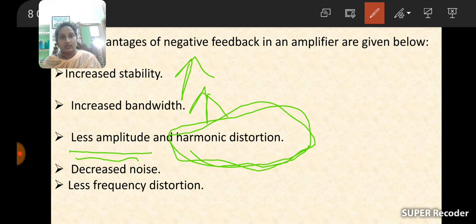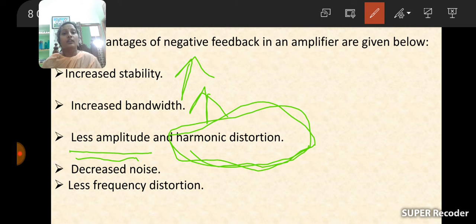The main advantage is increased stability. Bandwidth is also increased, amplitude distortion is very low, harmonic distortion is less, noise is decreased, and frequency distortion is also less. Distortion is less, and stability is high, which is the advantage.